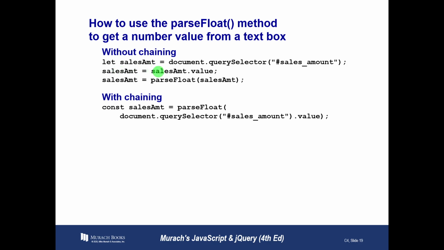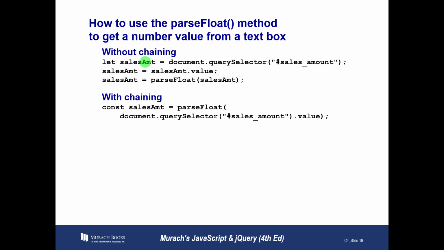Okay. Now that value will be stored in this variable as a piece of text. If I want to use it as a number, I also have to take that value and parse it as a float. So now I've converted it to a number and stored it back in the same variable. So sales amount has changed its data type.